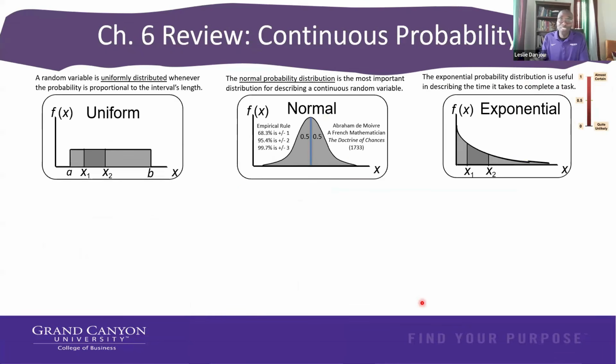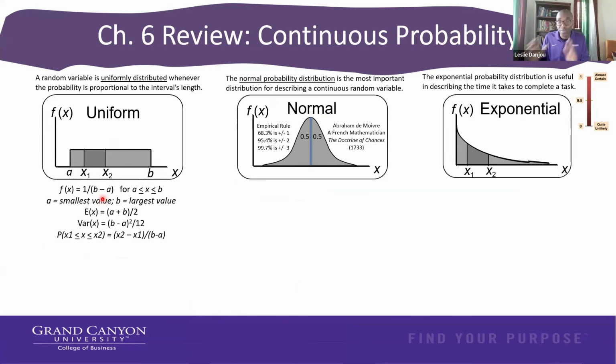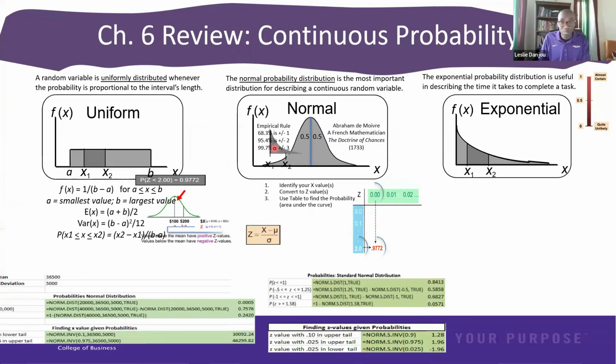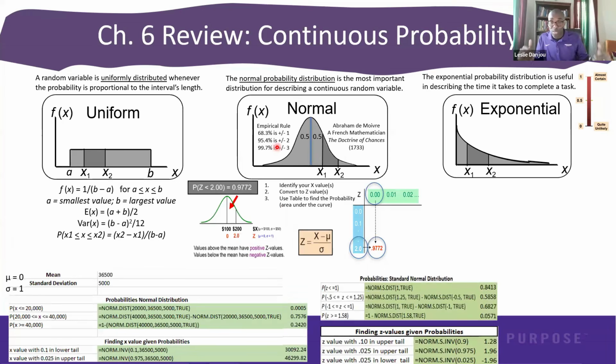Chapter 6, we dealt with continuous normal distribution. Can we ultimately find the probabilities between two points, x1 and x2? Yes, we can. We find it uniformly by doing the range of the small box divided by the range of the bigger box. We can do it normally by going from x to z to probability. We can use the NORM.S.DIST function from z to probability, or we can use the normal distribution function going from your x to your probability.